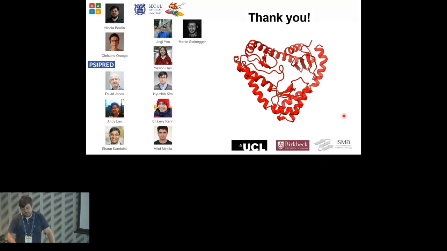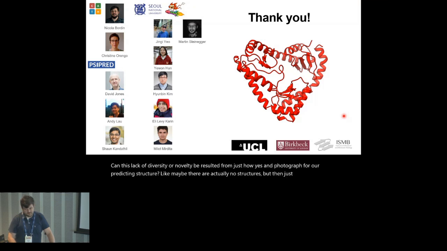Can this lack of diversity or novelty result from just how ESMFold and other predictors predict structure? Maybe there are actually no such structures, but because of how these models are trained, they only predict structures composed of fragments of known structures. Exactly.